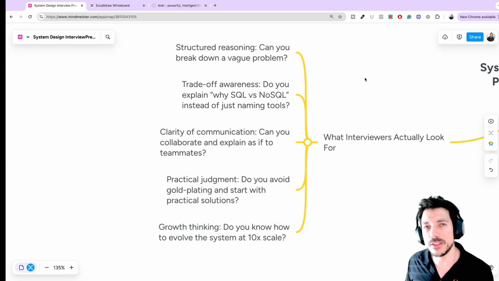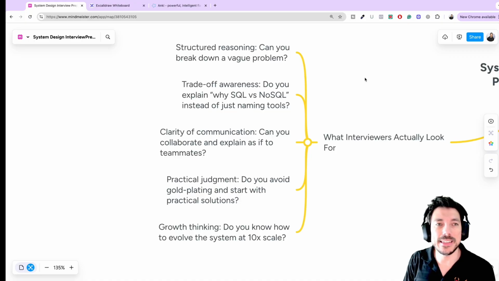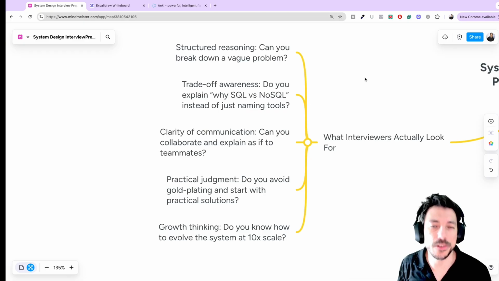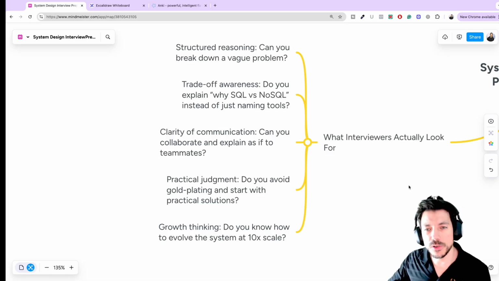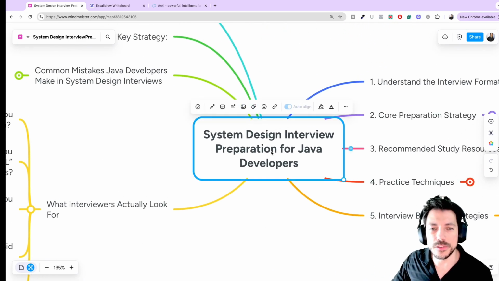They will evaluate that. If you over-engineer things, or if you give a solution that will be effective for the problem, right? And growth thinking. How can you evolve the system at 10x scale, right? All of those things will count a lot for your system design interview, right?